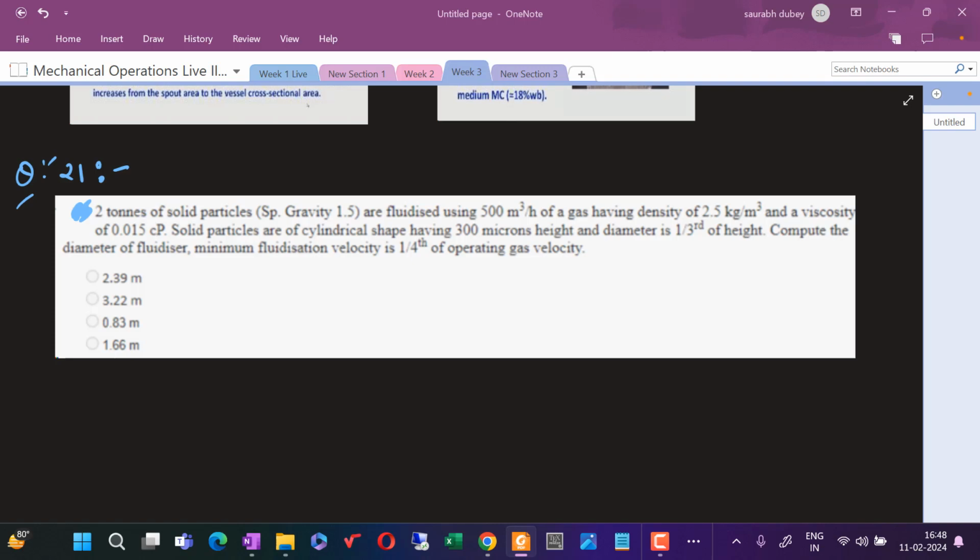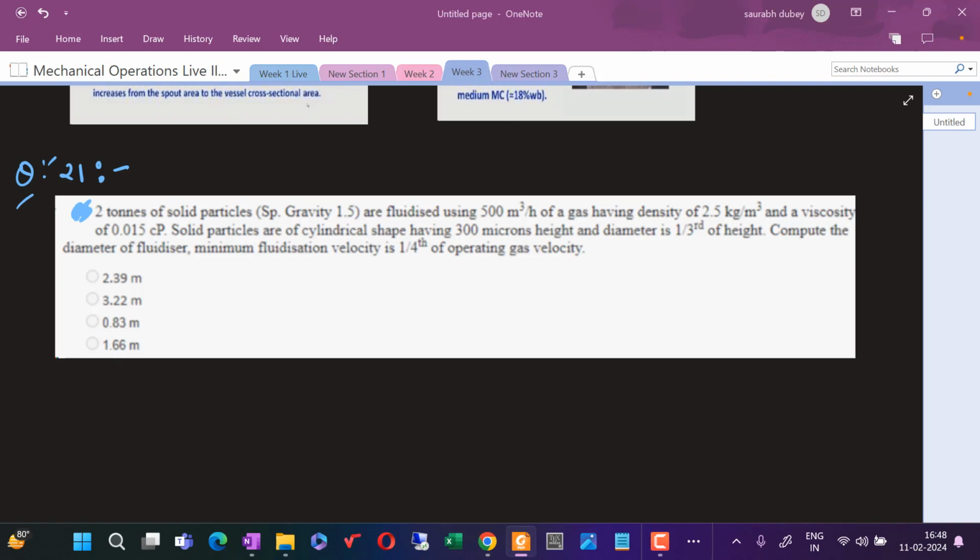So this question says 2 tons of solid particles. The specific gravity of the solid particles is given, and they are fluidized using 500 meter cube per hour of gas having a density of this and a viscosity of 0.015 centipoise.